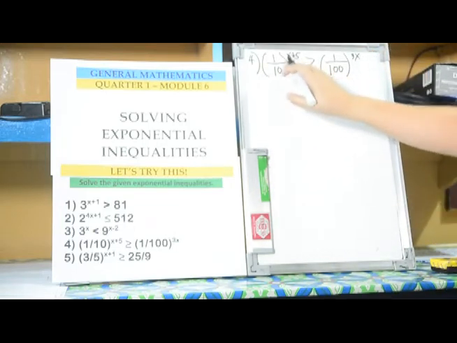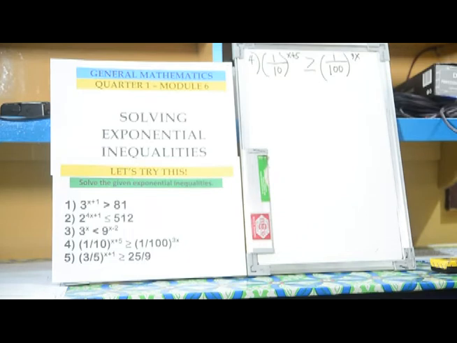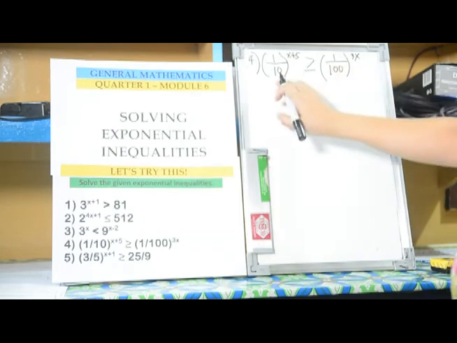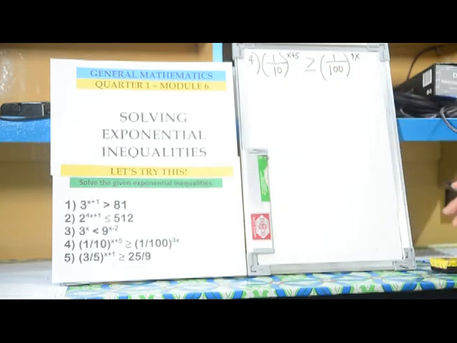So the bases are 1 over 10 and 1 over 100. We will have the same base. We can just have the common 1 over 10.